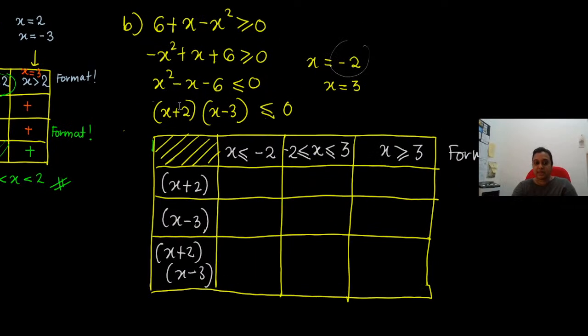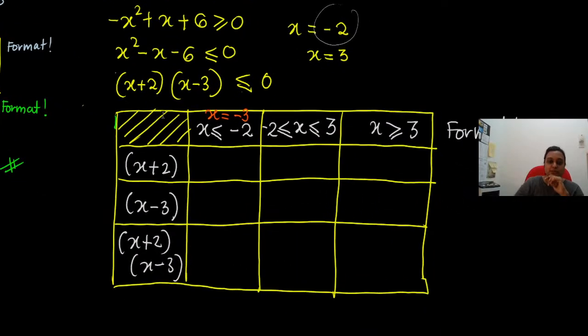Then let's now remember the teacher was choosing values, right? I'm going to choose values again, but this time you're going to see the signs will all be the same. Let's say I'm going to choose x smaller than -2, so I'm going to choose -3. When you substitute -3 inside here, the first row, -3 plus 2 is -1, so negative. -3 minus 3 is -6, so negative.